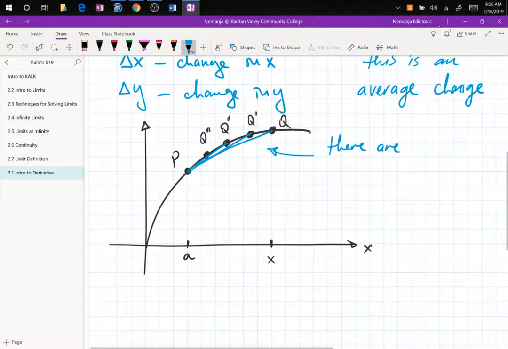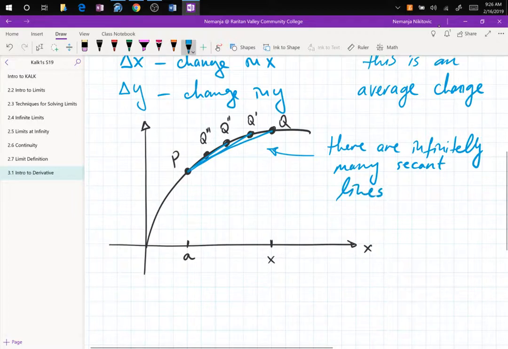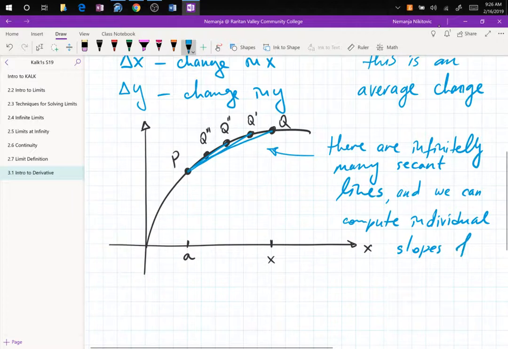There are infinitely many secant lines, and we can compute individual slopes for each.